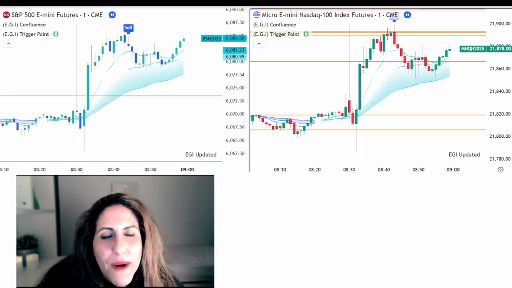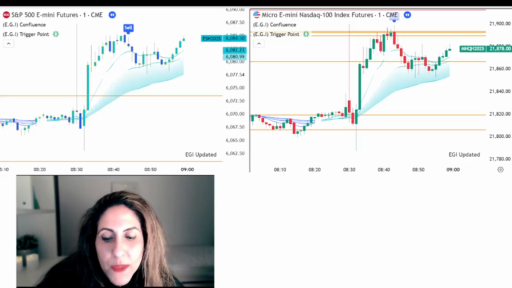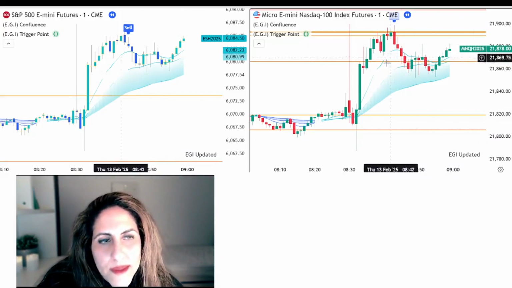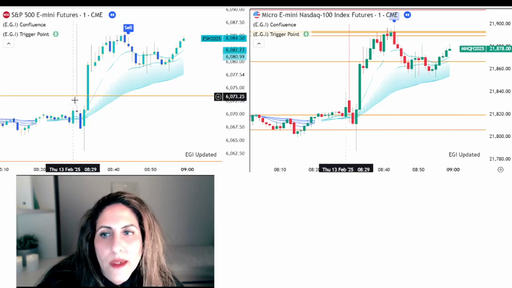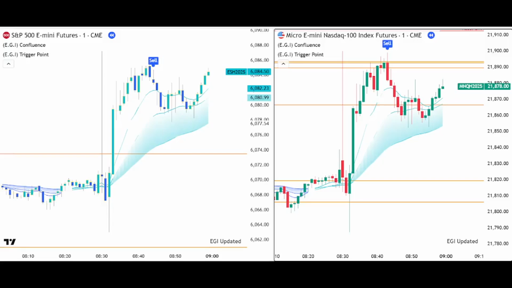Now I want to go through the market analysis we did together in the live session last Thursday, and I want to explain several things. So I have the Nasdaq in the right side and ES in the left side. The indicators I have on my chart are the trigger point, the key levels, and the confluence indicator responsible for generating the buy-sell signals here based on statistical methods.